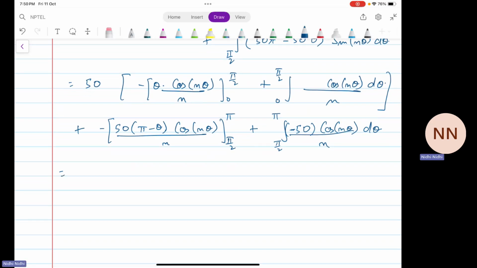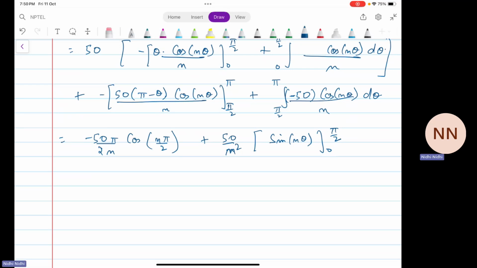So this is minus 50 pi by 2n cos n pi by 2, putting theta equal to pi by 2. Putting theta equal to 0, it will be 0, plus 50 by n square sine n theta from 0 to pi by 2.